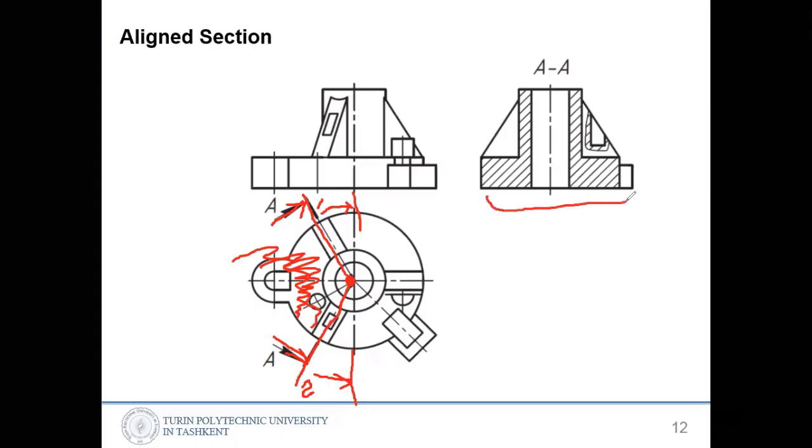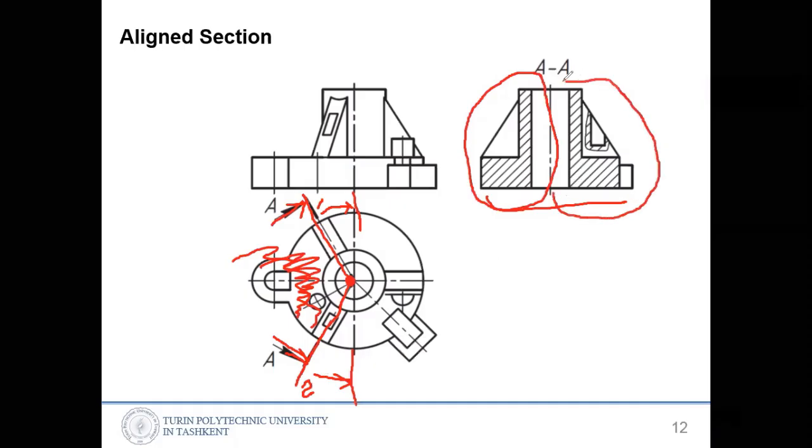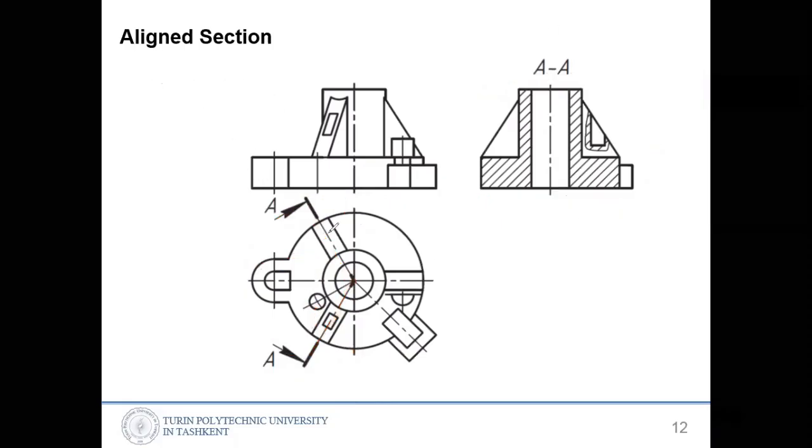So like this. Okay, so this half is what you see from the first plane cutting side, and the right hand side is shown as a result of sectioning by the second cutting plane. Okay, so the planes are aligned.